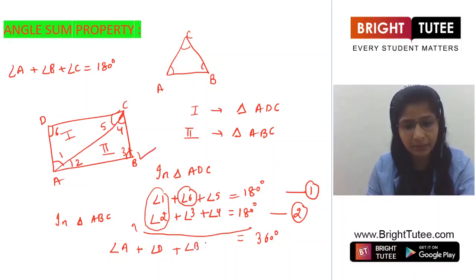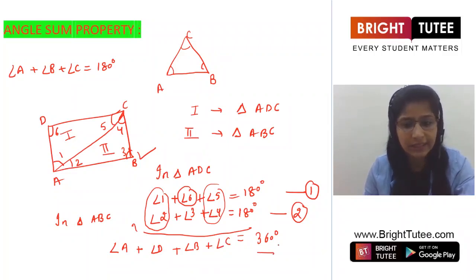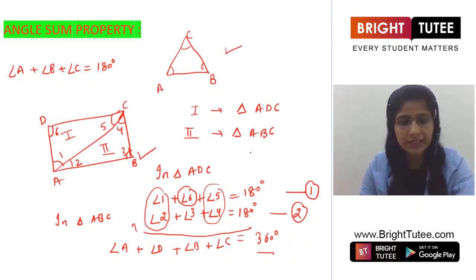So it will be angle B, plus, now we have angle 4 and angle 5. If we add these two, we form the angle C. So we can see that the sum of four angles of a quadrilateral is 360 degrees. So this is angle sum property of the quadrilateral. We have deduced this from the angle sum property of the triangle only. So this was quite easy to learn.